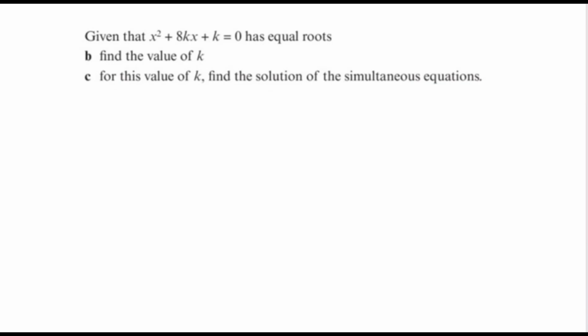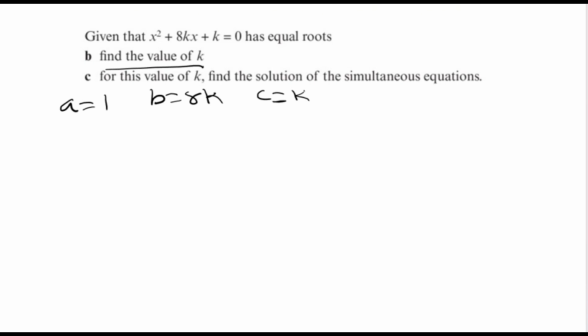Now part B. Given that this has equal roots, find the value of k. So we have equal roots, so we have to do b squared minus 4ac is equal to 0. For that we first have to figure out what our a is, which is 1, b is equal to 8k and c is equal to k.